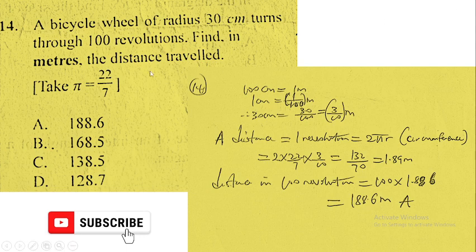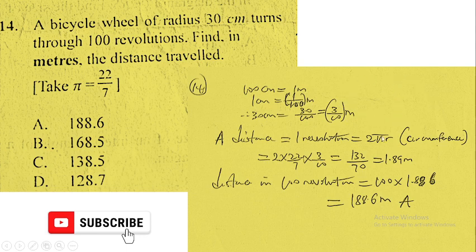Then how do we now find the distance? Now 1 revolution is a unit distance covered by the bicycle. The distance for 1 revolution is equal to 2 pi r, that is the circumference of the wheel. When you move around a circle, we're talking about the circumference of the circle.